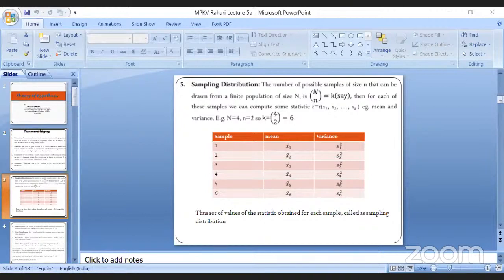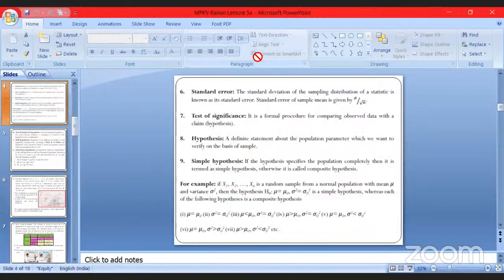So we are able to see on sampling distribution only. And next slide, No, sir. the standard error unable to see. No, sir. Oh my god. Yes, sir. Now it's visible. Standard error, test of Okay, significance. okay. So I will do one thing.